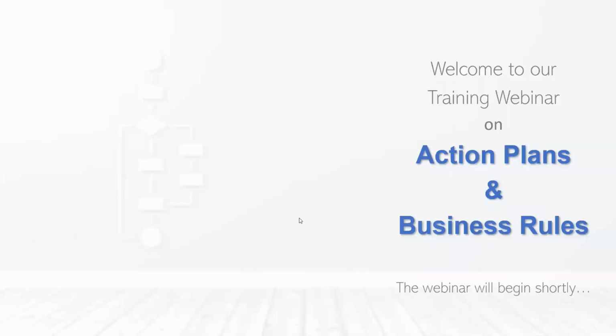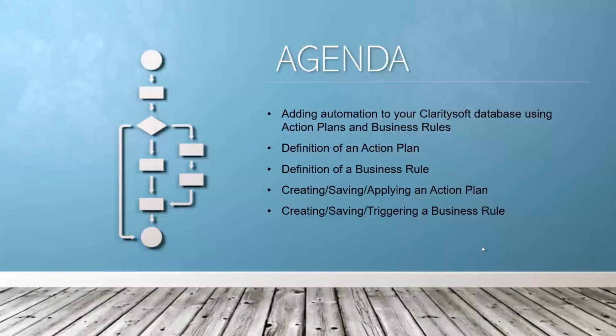So we're going to give you some samples, show you how to build them, and hopefully while we're talking, you'll come up with some really good ideas on what you would like to do in your own database. As I said, the action plans and the business rules allow you to add some automation.